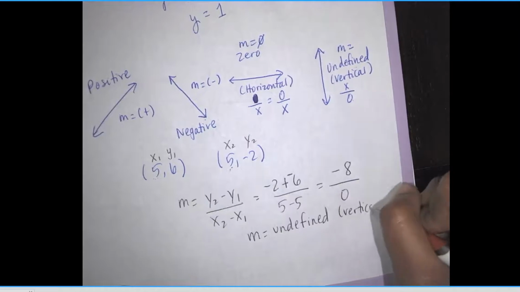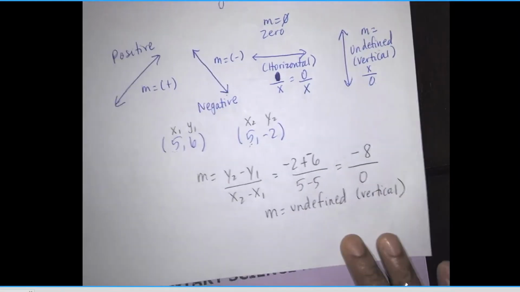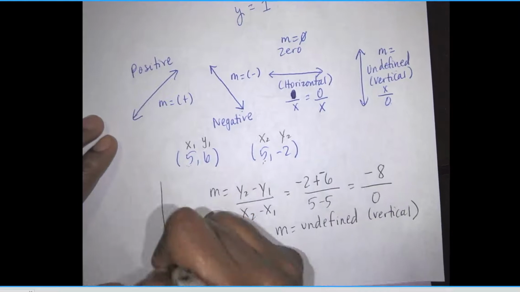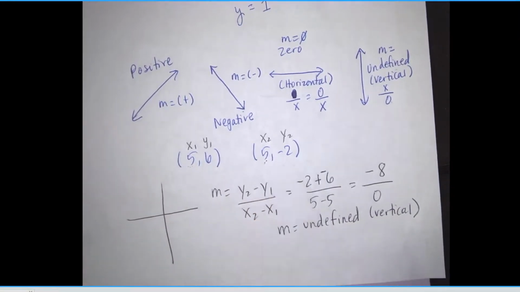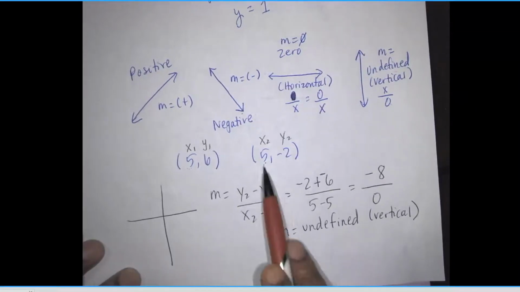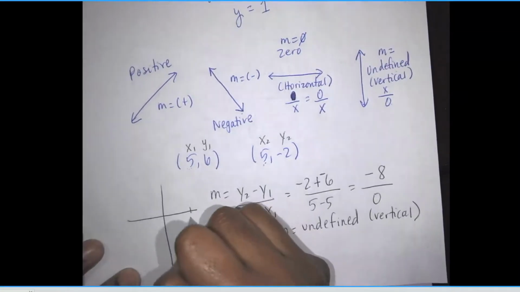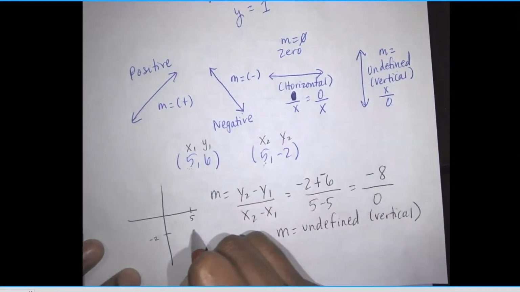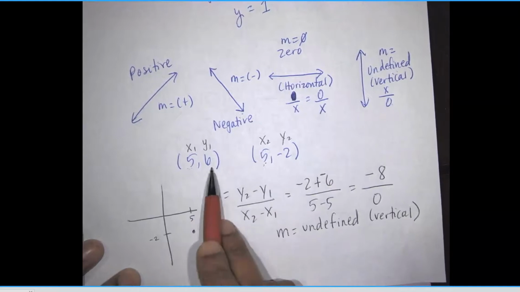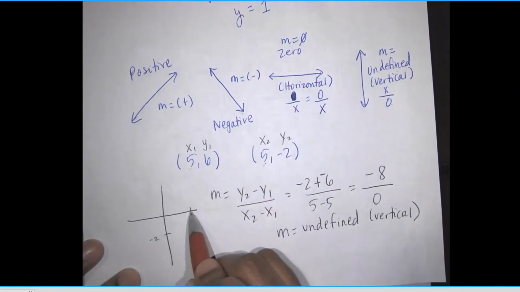Now I'm going to graph it for you so you can see that. If I graph 5 comma negative 2, 5 is here for our x, negative 2 is down here, so here's a point. Then we have 5 comma 6, so we go 5 and up 6.